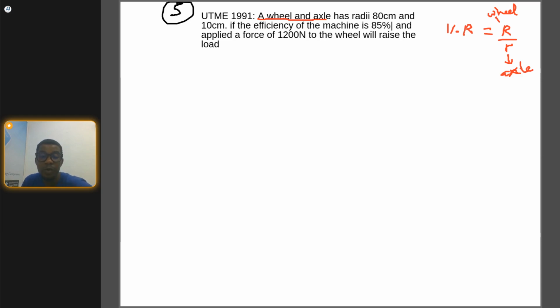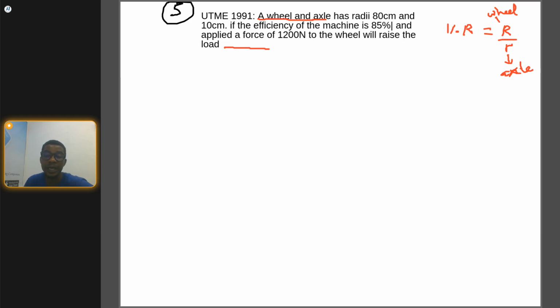So in the question, we have a wheel and axis with radii 80 centimeter and 10 centimeter. If the efficiency of the machine is 85% and a force of 1,200 Newton applied to the wheel will raise the load. So what we want to find here is the magnitude of the load.